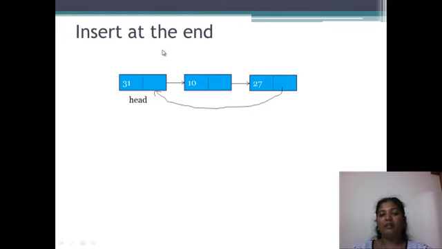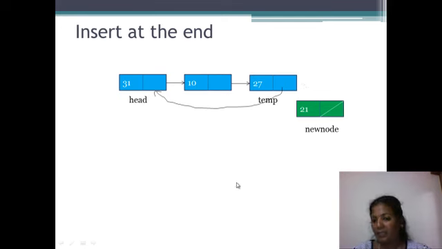So here we are going to see the insertion and deletion operation at the end. See, this is a singly circular linked list, and we have a new node which is supposed to be inserted at the end. So we should have a list like 31, 10, 27, then 21, again 21 should be pointing to 31, 10, like that.